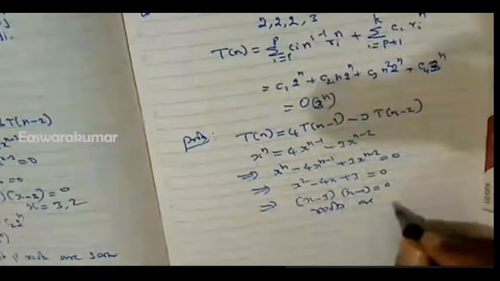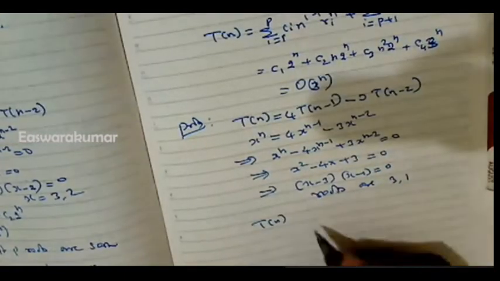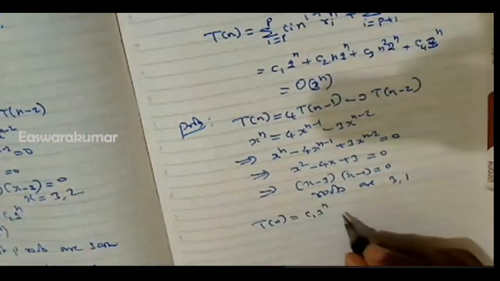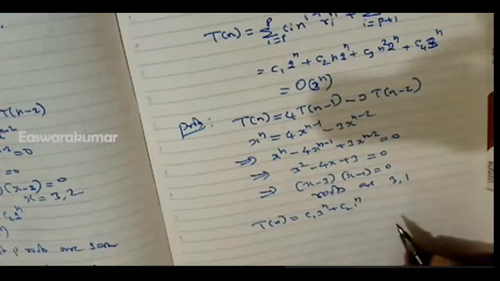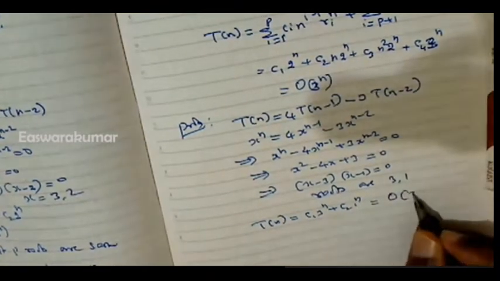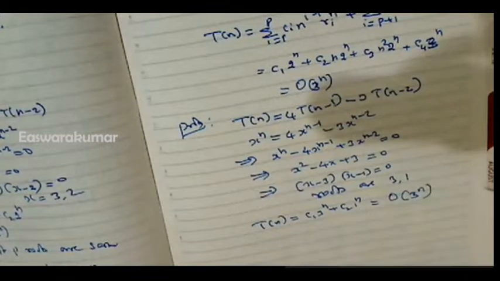So the roots are 3 and 1, and the roots are distinct. Hence we can say T of n is equal to C1 3 power n plus C2 1 power n. Compared to these two, 3 power n is larger, so we can say it is order of 3 power n.